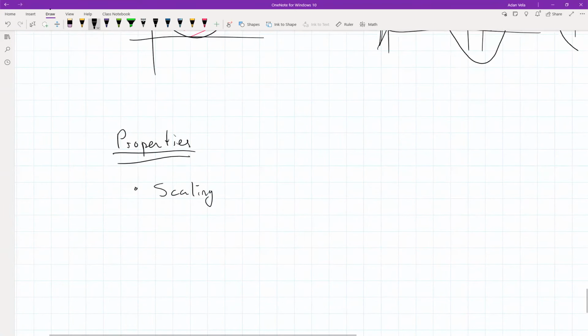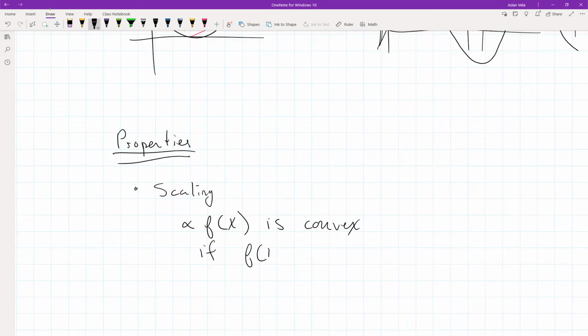Okay, and again, this is the same idea of linear transform on a convex set is still a convex set. So essentially, if you take alpha and you multiply it times your function, that's convex if f of x is convex and alpha is greater than or equal to 0.